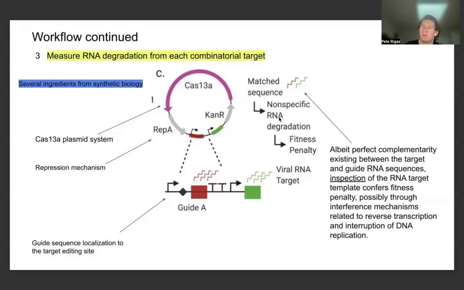But if we're in the optimistic case that we have a matched sequence, then the non-specific RNA degradation occurs if we're not able to adhere to a high degree of fidelity to the sequence that we want to match, which would then unfortunately incur a fitness penalty, which would then damage the performance of this circuit in the circular piece of DNA.